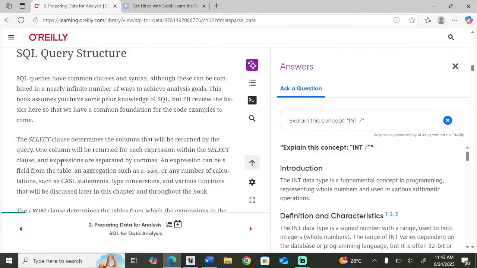Select statement means just picking something. One column will be returned for each expression in the select clause, and expressions are separated by commas, right?